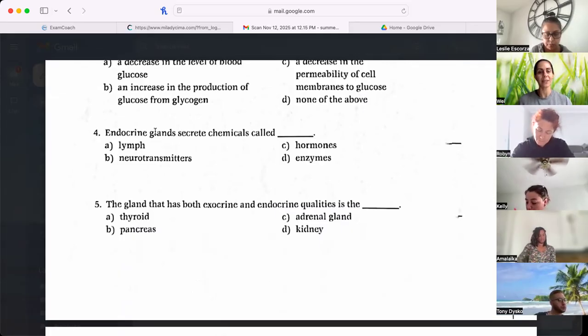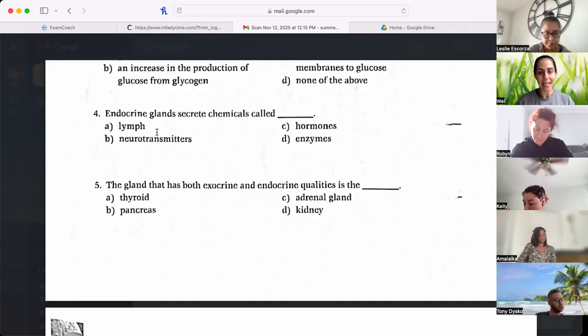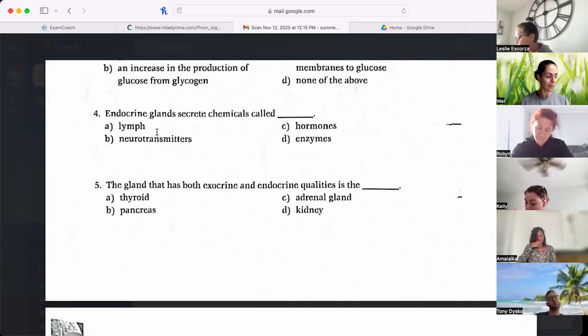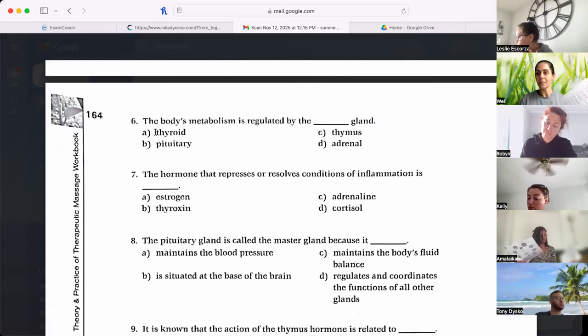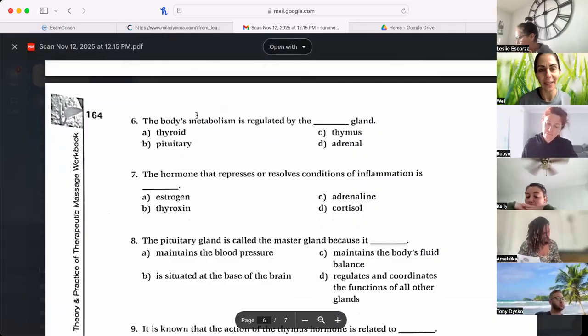Robin, number 4, endocrine glands secrete chemicals called hormones, C. Number 5, the gland that has both exocrine and endocrine qualities, that means they can release both ways, are the pancreas. Correct. Number 6, Leslie, sorry.